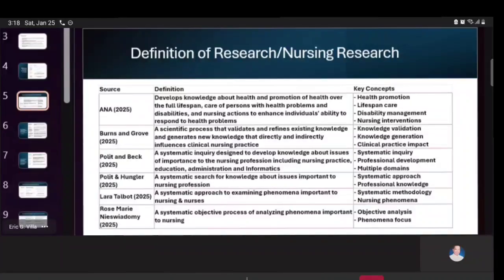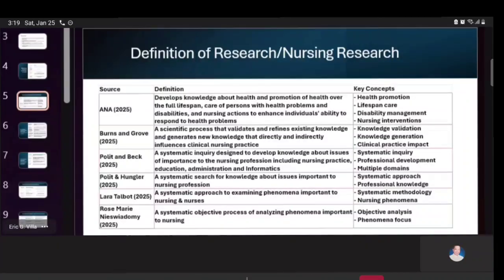As a practical application in clinical settings, each definition contributes to understanding how research translates into practical nursing care, with an emphasis on a systematic approach ensuring that research findings can be reliable in clinical settings. We can also see professional development and knowledge generation.